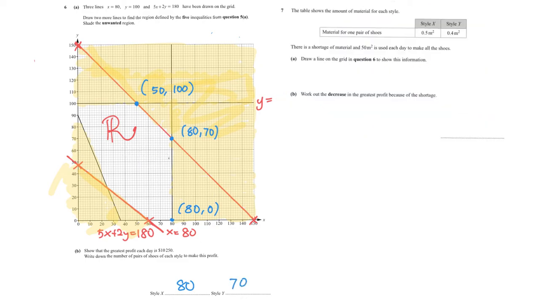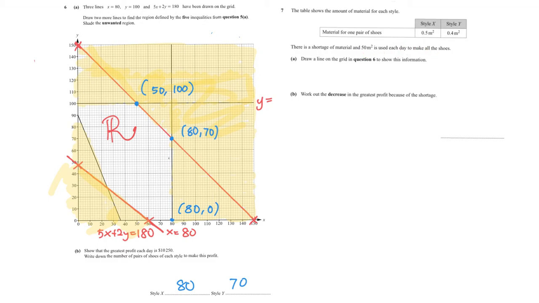Okay. And the next question, the table shows the amount of material for each style, 0.5 meter square for one pair of shoes here, 0.4 meter square for style Y. There is a shortage of material and 50 meter square is used each day to make all the shoes. So 50 meter square.